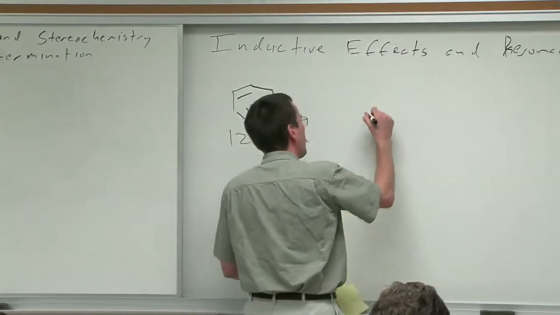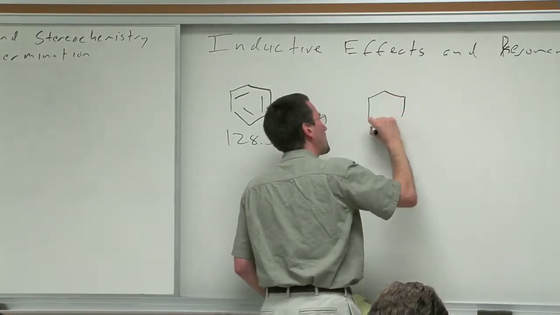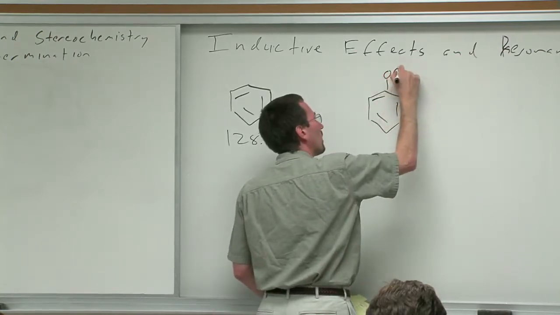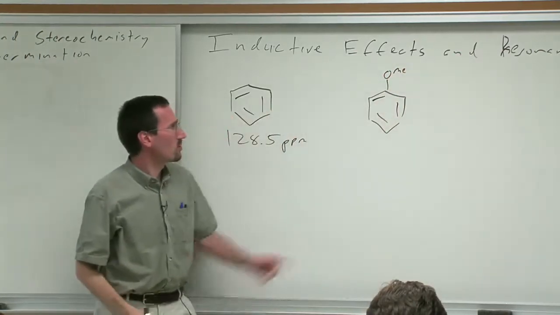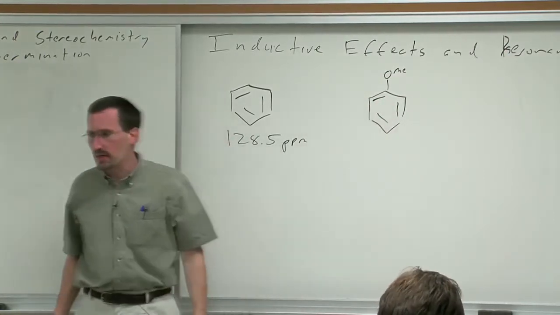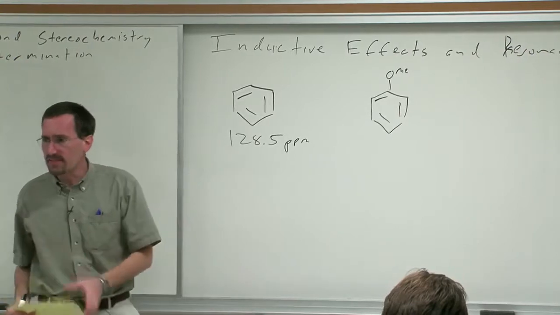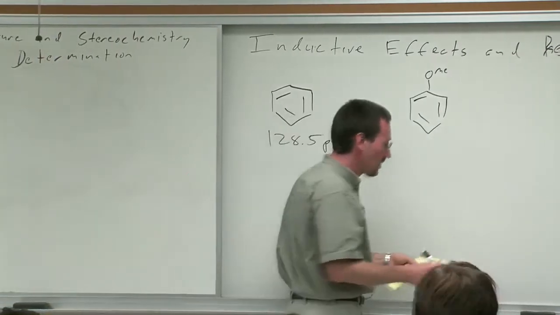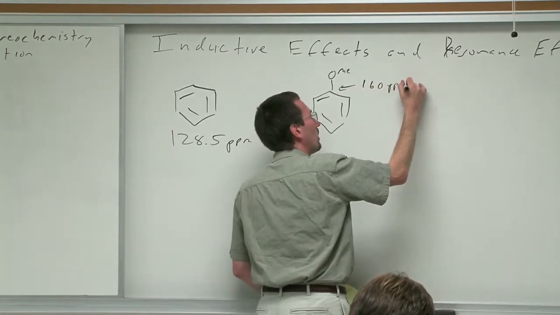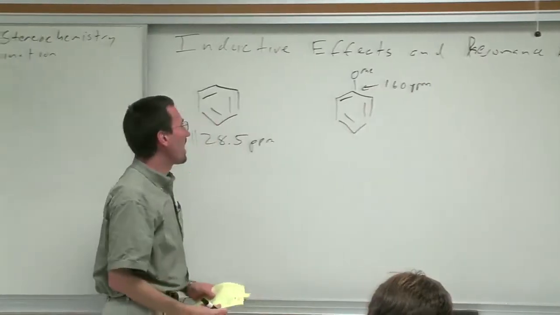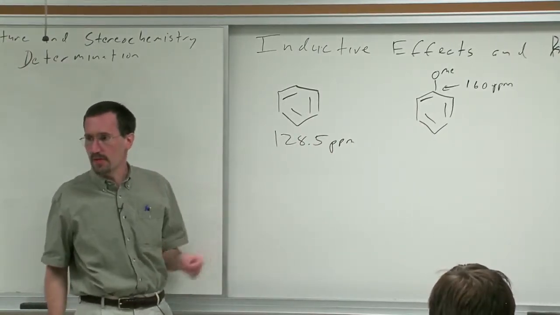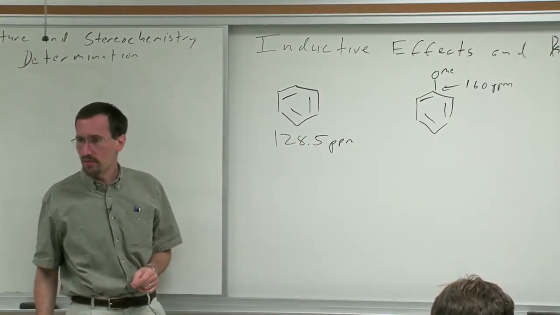If we put a methoxy on the benzene, the oxygen is electron withdrawing through the sigma bond, and so the carbon attached to the oxygen shifts substantially downfield. So you go to 160 ppm, in other words, more than 30 ppm downfield by putting that oxygen there.